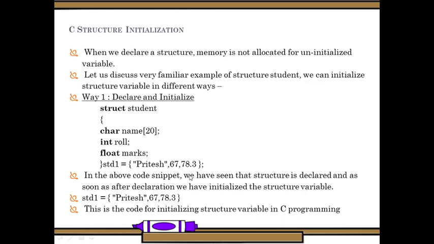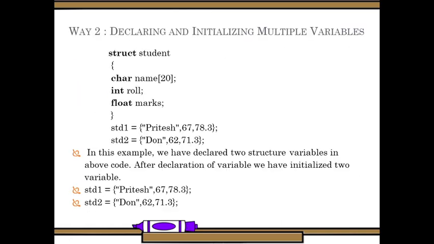In the above code snippet, the structure is declared and right after the declaration we have initialized the structure variable, which is std1. Std1 with Pritesh, 67, 78.3 are the initialized values. When you initialize, it creates the memory.